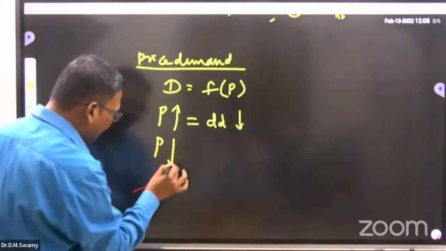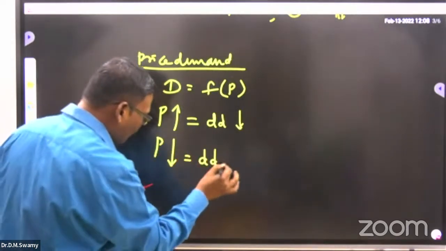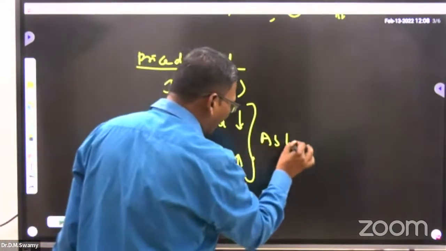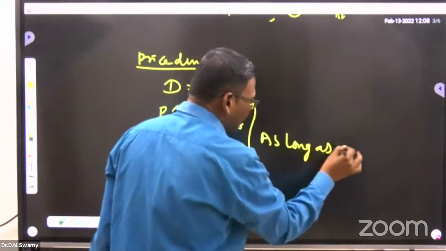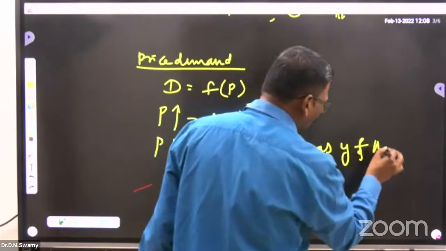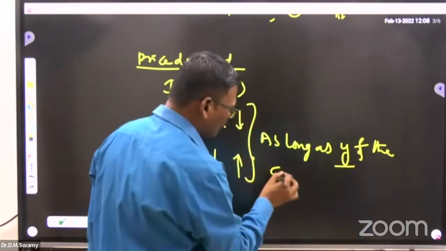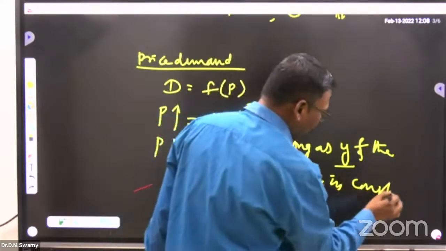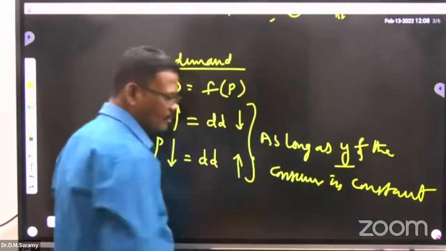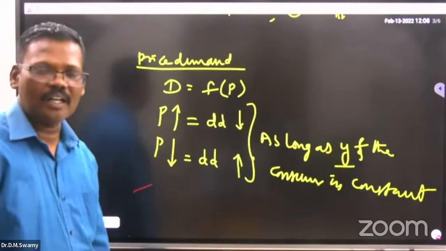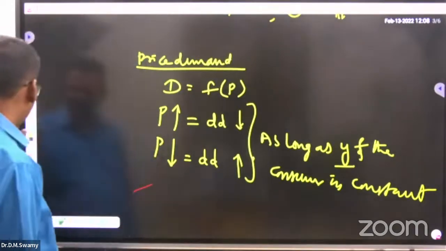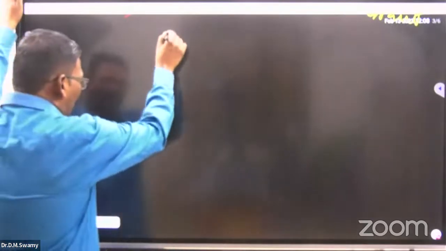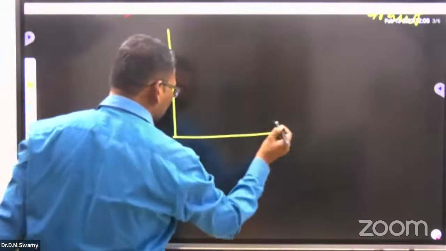If the price decreases, the demand for the commodity is going to increase, as long as the income of the consumer is constant. So that's why the price demand curve always will be like this.